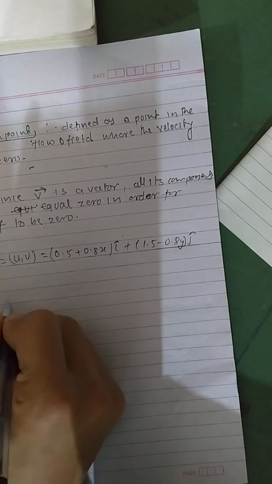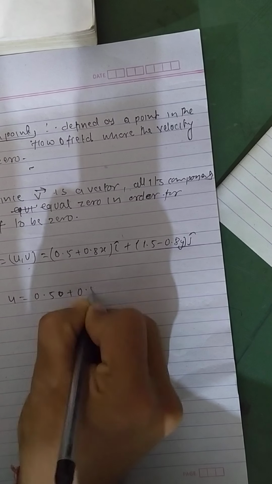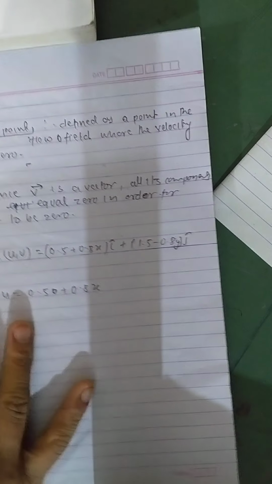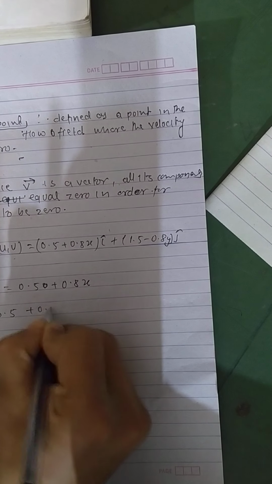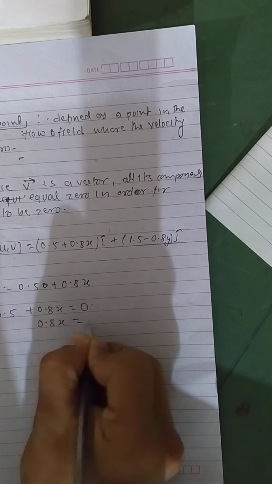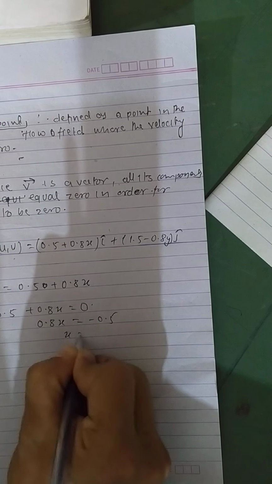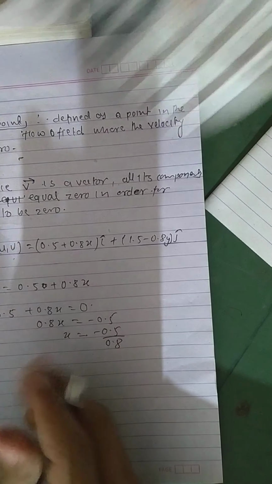So now u is equal to 0.5 plus 0.8x. For the stagnation point, this should be equal to 0, so 0.5 plus 0.8x is equal to 0. Now 0.8x is equal to minus 0.5, x is equal to minus 0.5 upon 0.8.